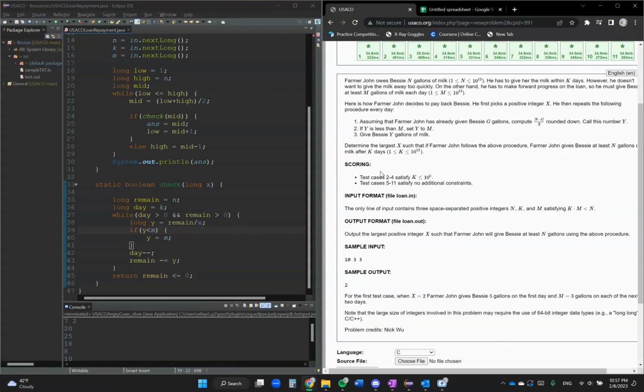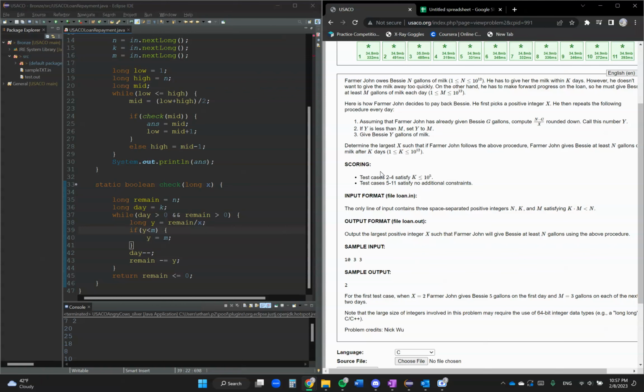In the problem, it says that y is going to be n minus g over x rounded down. And a hint we can automatically gain from this is that n minus g over x is going to be, quote, rounded down, which means that some values of n minus g over x are going to be different when they're expressed in the double form, but they're going to be the same when they're rounded down to the integer form, or the long form in this case.